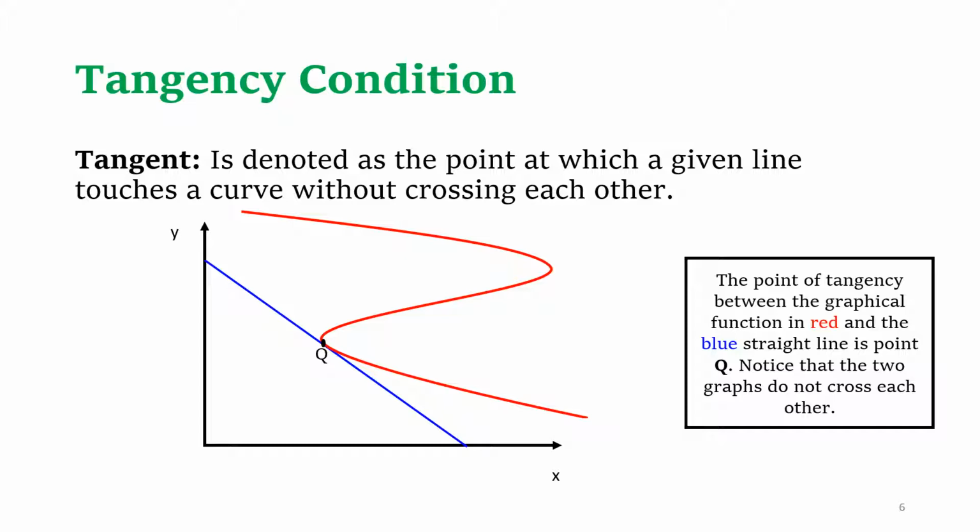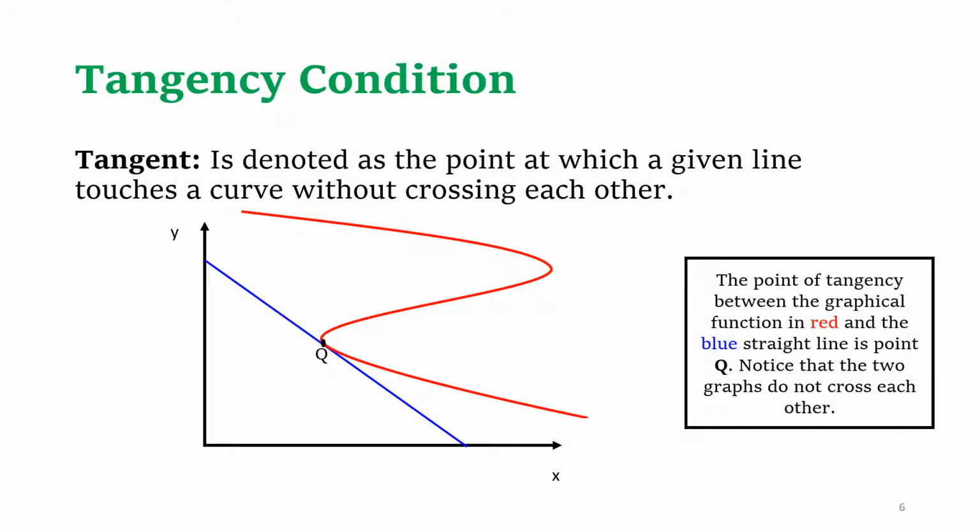So the consumer consumes the optimal bundles at the point where the indifference curve is tangential to the budget line.